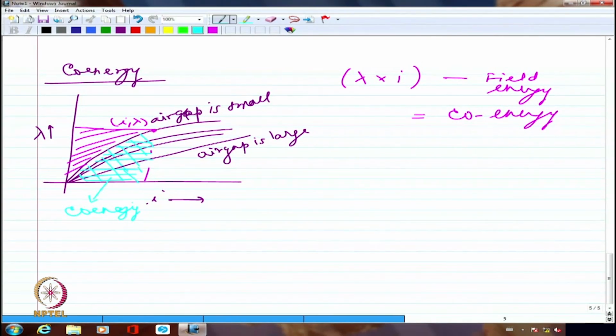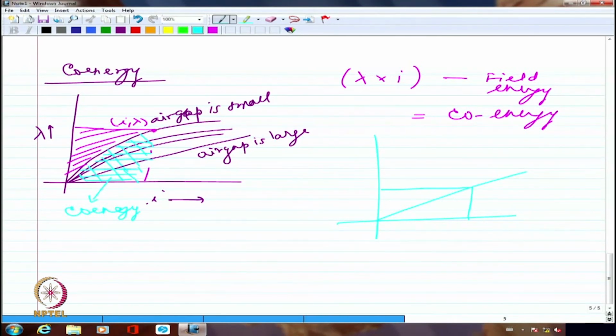Whereas, if I have a linear graph like this, I am going to have basically this as the rectangle, and this line is going to be dividing this area exactly into two halves.